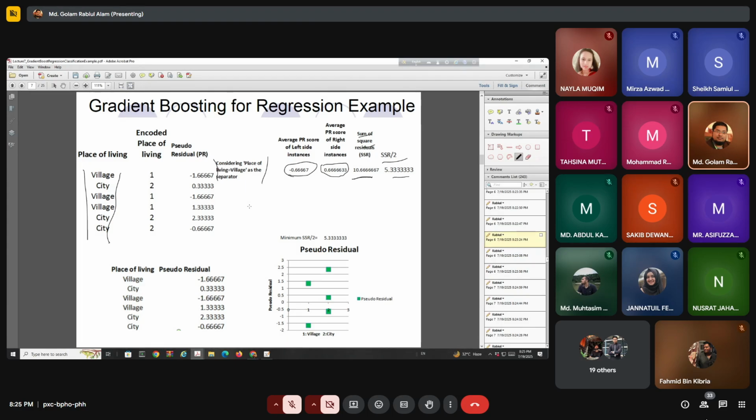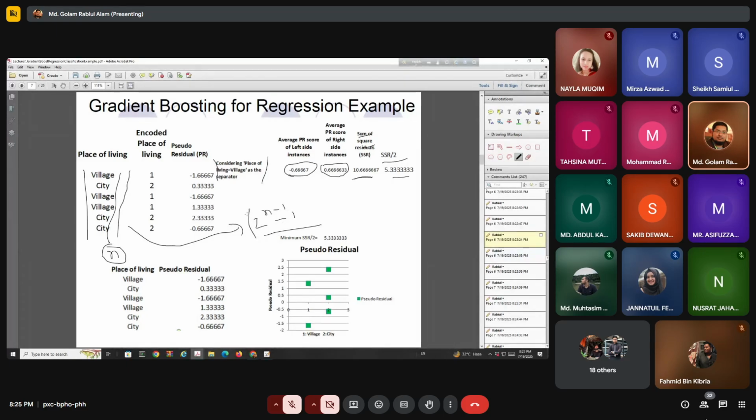Okay. And in our last lecture, we also discussed that if the variable values are many, like if we consider n different variable values, then the total number of splitters we need to consider is 2 to the power n minus 1, minus 1.